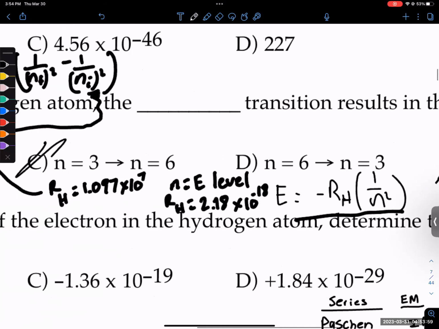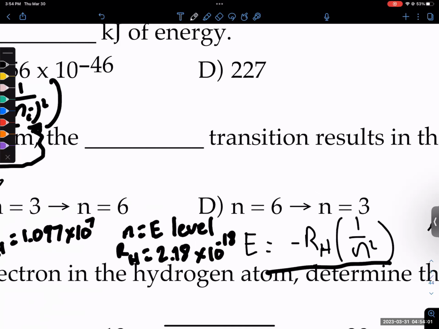Is it positive? No, the negative RH is for this one. This one's positive. Yeah, well, squaring anything is positive. This isn't like a physics thing, but the negative energy means you release energy.